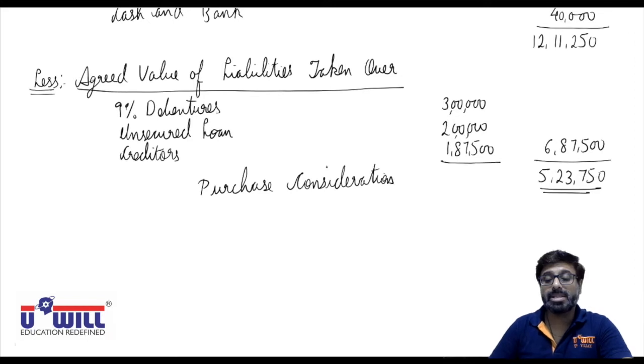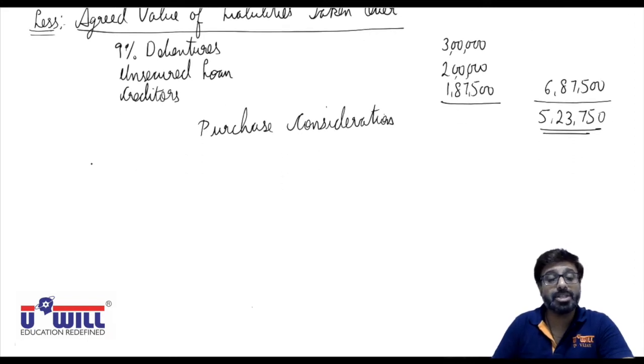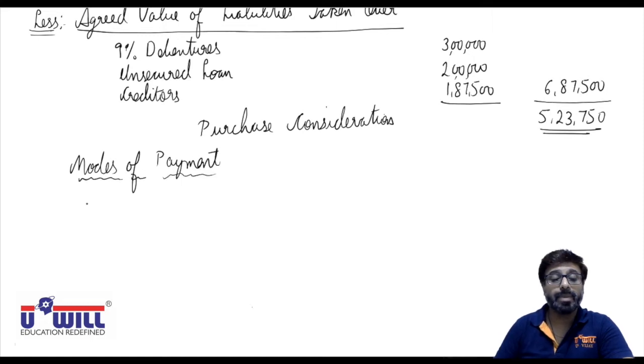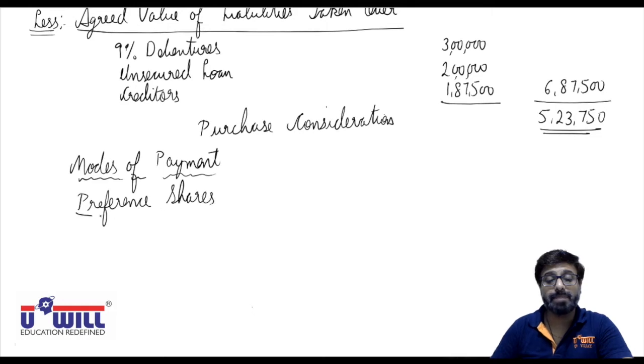Now, how is this purchase consideration going to be discharged? There are two modes of payment. First, preference shares. The first mode of payment is preference shares.